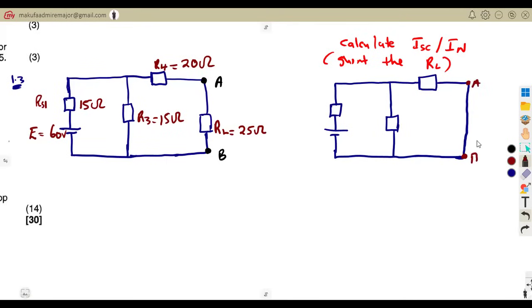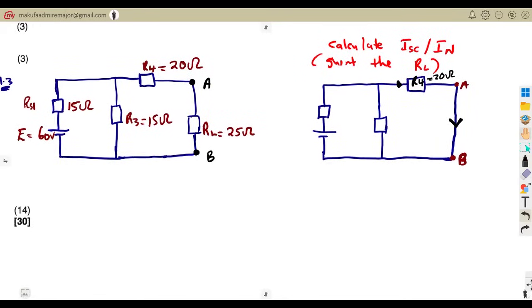But as you can see, the short circuit that we have applied here is also affecting R4, because R4 is part of that current here. This is our R4, remember? This is our R4, which is 20 ohms. The current that is flowing across R4 is the same current that we want across the branch AB, which is the one that we are referring to as our short circuit current or our Norton's current.